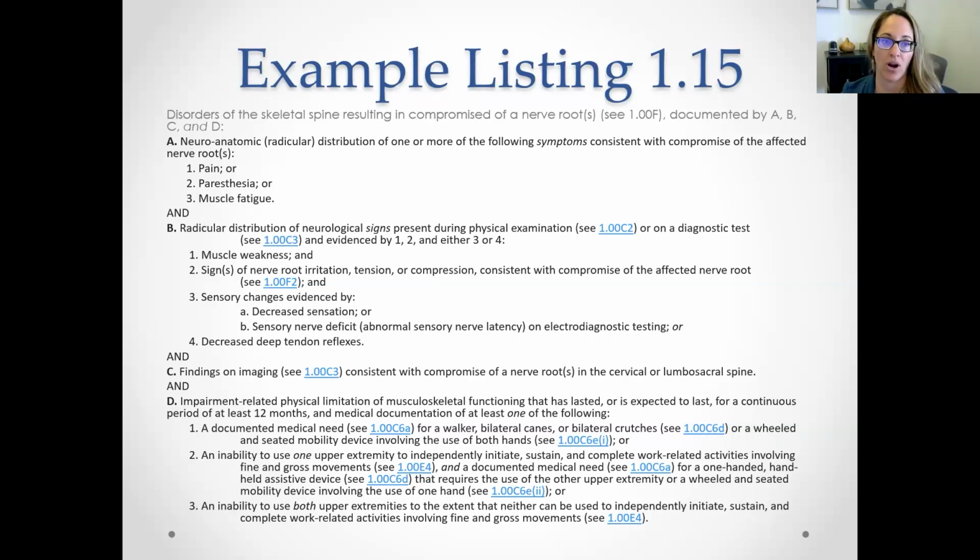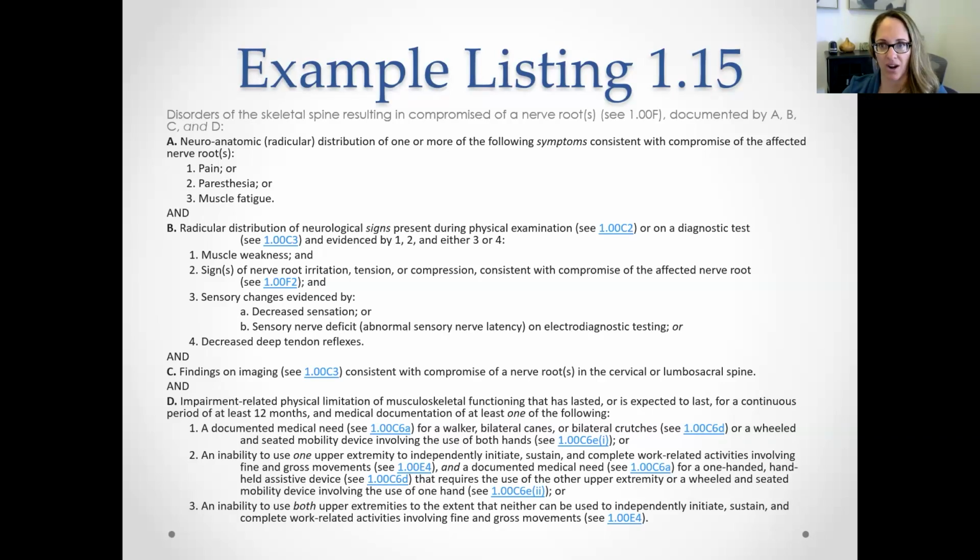And this is the disorder of the skeletal spine resulting in the compromise of a nerve root. So it's kind of a messy slide because there are a lot of different criteria listed here. And I wanted to show you this because you might have a spinal injury, but it has to meet, through the medical records, all of the criteria listed on this screen to meet this listing.